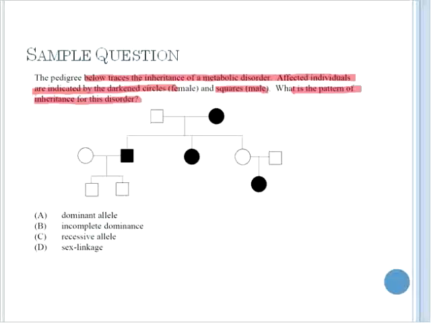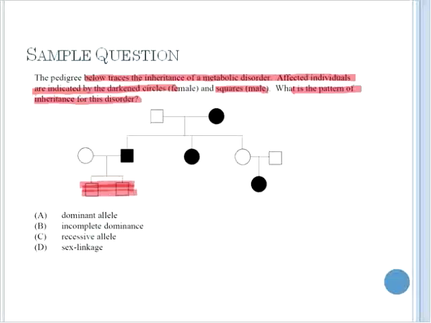We know that in this case, the individual had 3 children, one of which did not have the trait. If this trait was recessive, it would have shown up, or would have had to have shown up, in this trait here.